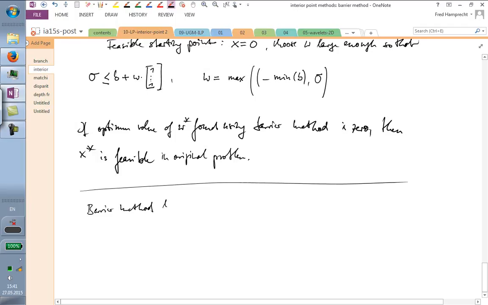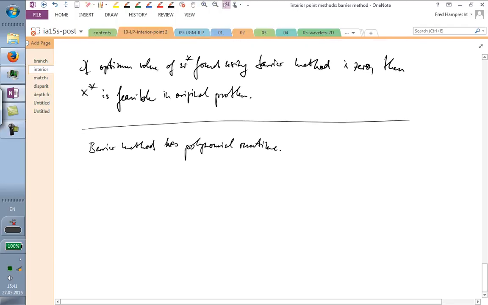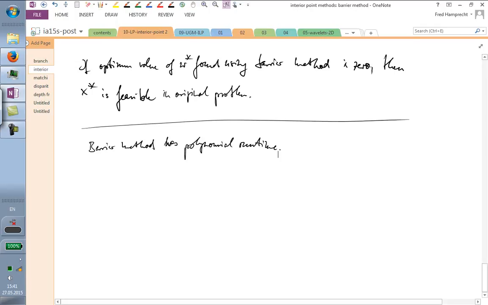And like I said before, this barrier method has a guaranteed polynomial runtime. Now, how efficient it is depends on the shape of your polytope.